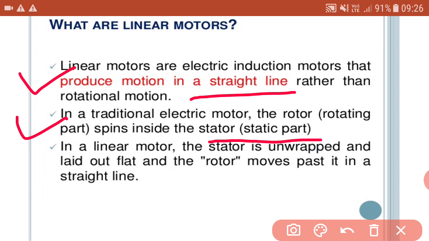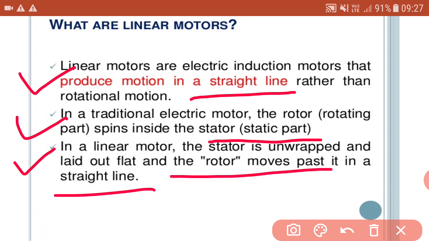In a conventional motor we have seen that the rotor rotates inside the stator. But in a linear motor, the stator is unwrapped and laid out flat, and the rotor moves past in a straight line. It means in a linear motor the stator is straight, and the rotor moves along this straight path.